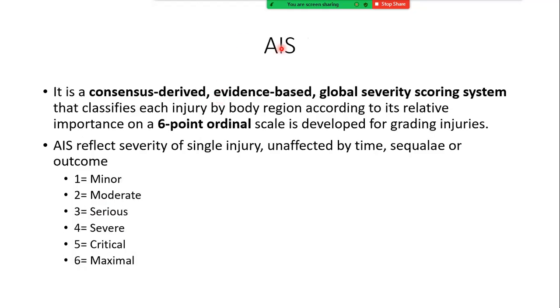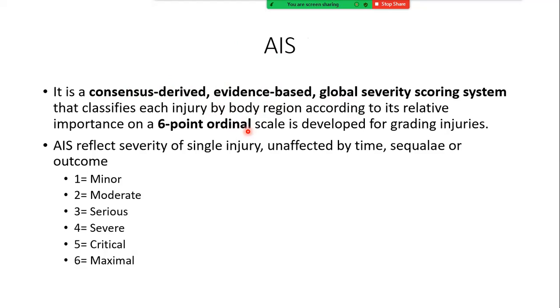So in short, AIS is a consensus-derived, evidence-based global severity scoring system that classifies each injury by body region according to its relative importance on a 6-point ordinal scale. I hope you all know what an ordinal scale is. An ordinal scale is when you divide injury into some categories, but the difference between category 1 and category 2 is not similar to the difference between category 5 and category 6.